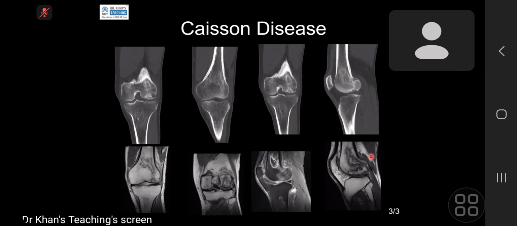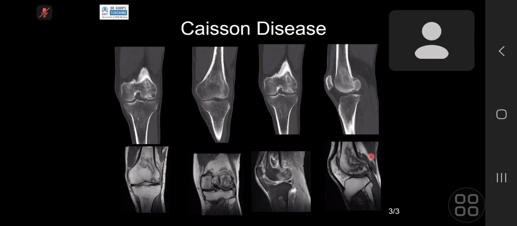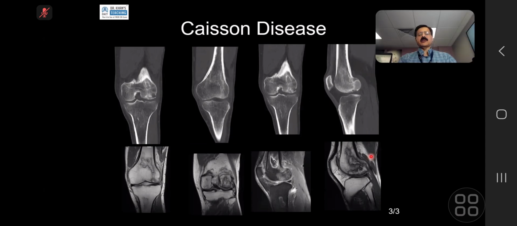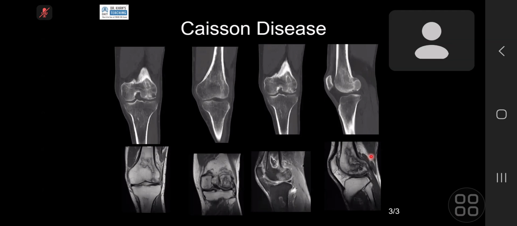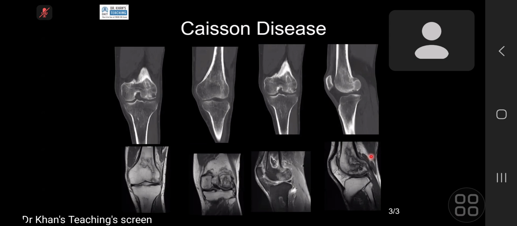At 99, keep adding. This chap I was talking to had been diving till 180 feet, by the way. The problem is not diving at 100 or 180 feet. The problem is that when you go into this kind of depth, nitrogen gets dissolved in bone marrow.